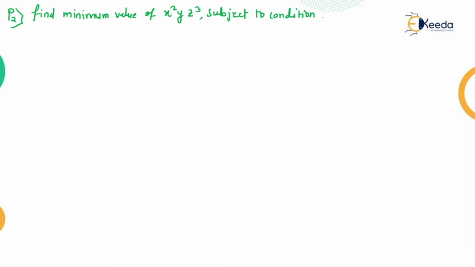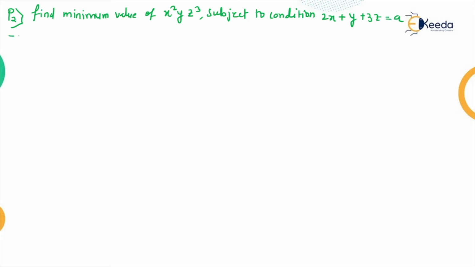Problem number 2: find the minimum value of x square y z cube subject to the condition 2x plus y plus 3z equal to a.